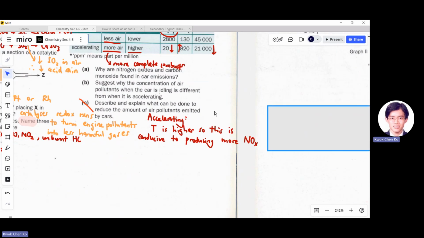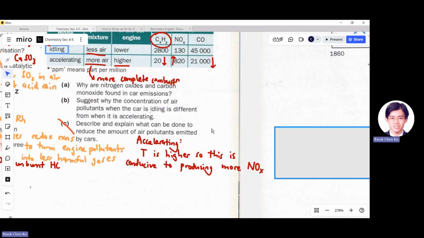Okay, on the other hand, idling. For idling, you have less air. I'll follow Dylan's logic.